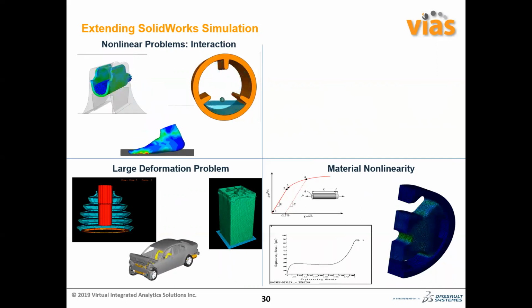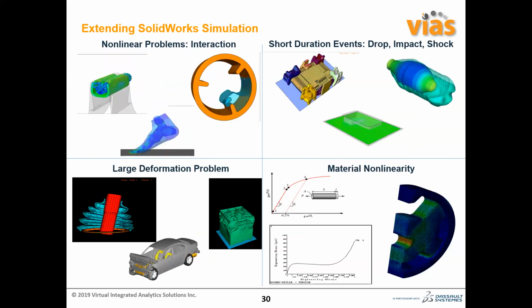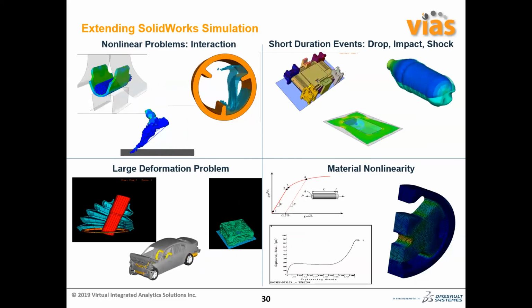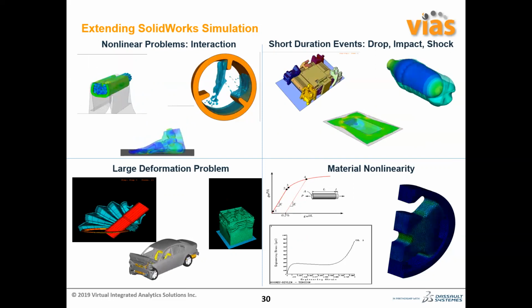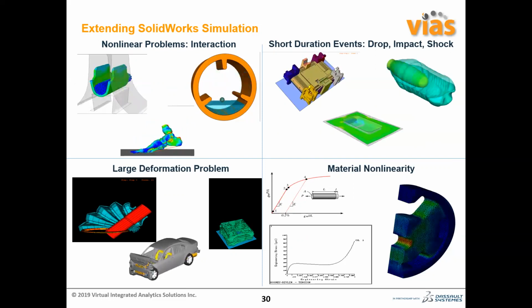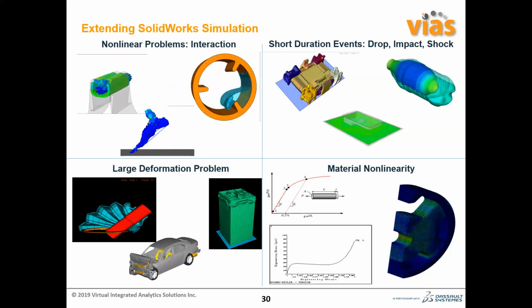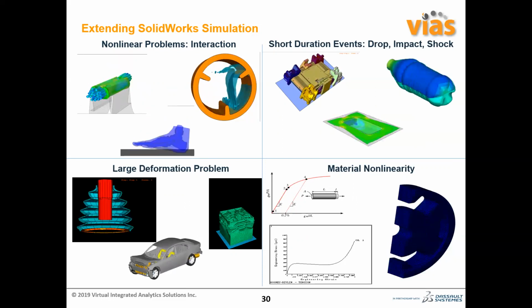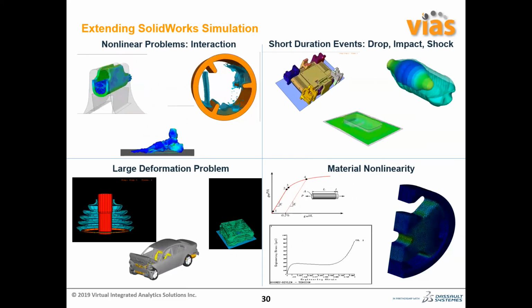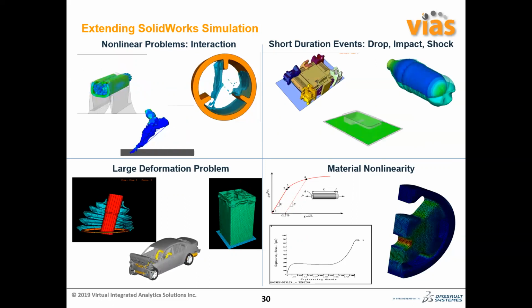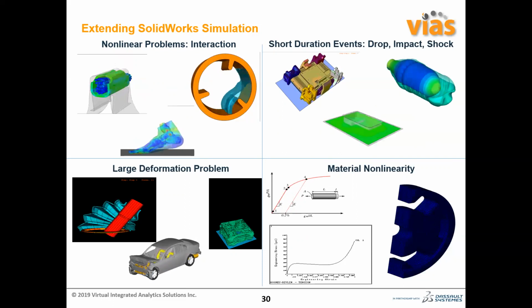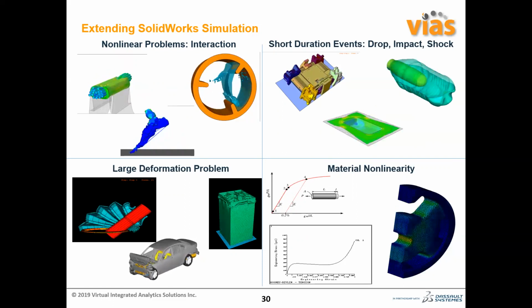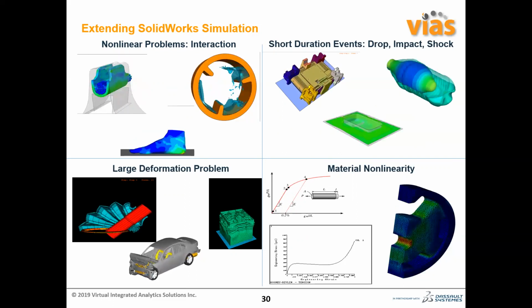SOLIDWORKS Simulation requires explicit definition of contact pairs between faces that might come into contact, which means that each potential interaction between two surfaces has to be defined as a feature. But Abaqus offers a function called general contact, that will scan the model at the start and automatically find the contacting surfaces, and it will automatically determine the contact algorithm as well.